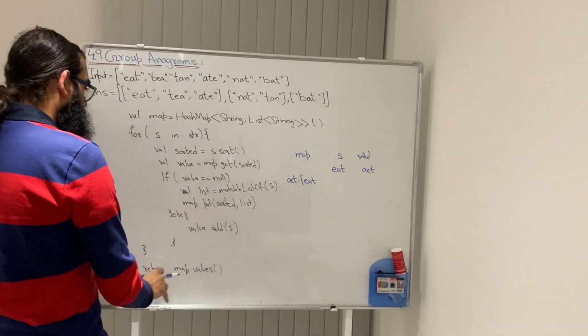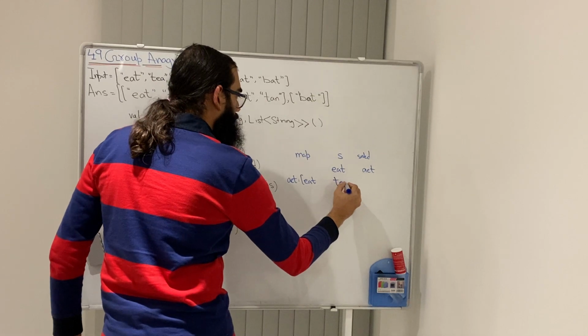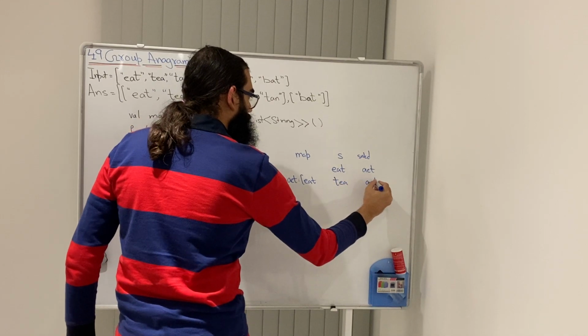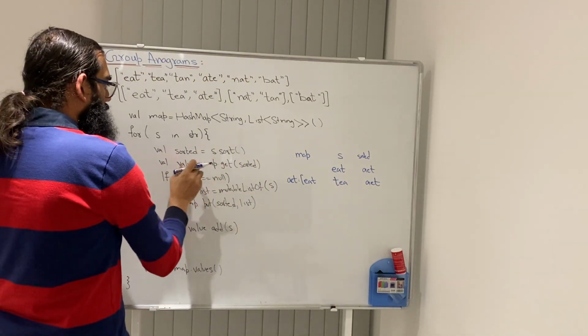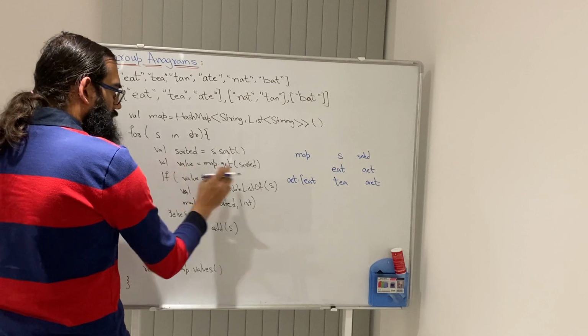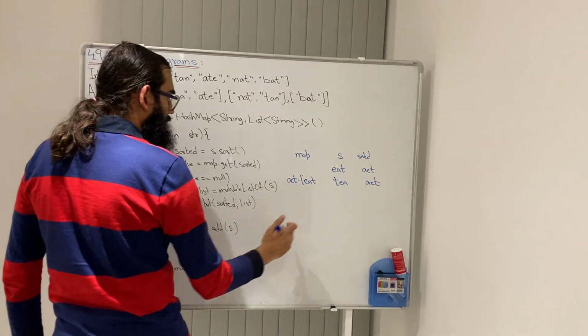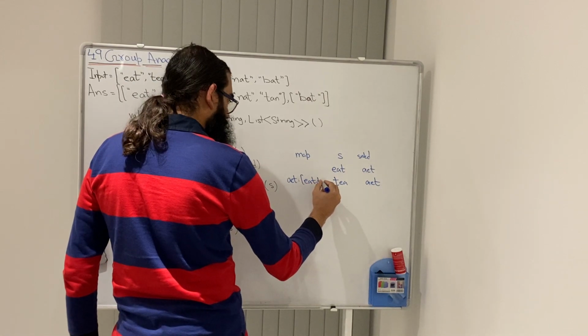Nice. Then next time comes tea. Again, sorted is AET. So once AET, now this time get sorted. This value is not null because it will return this list. So I'm saying value dot add s, so this time I'm adding tea.